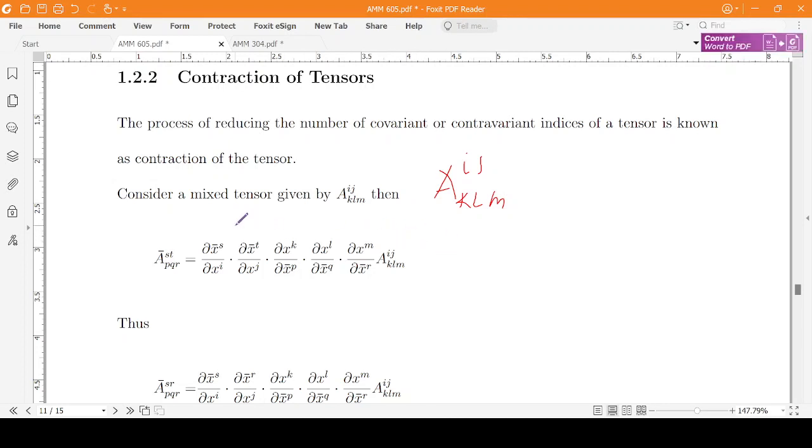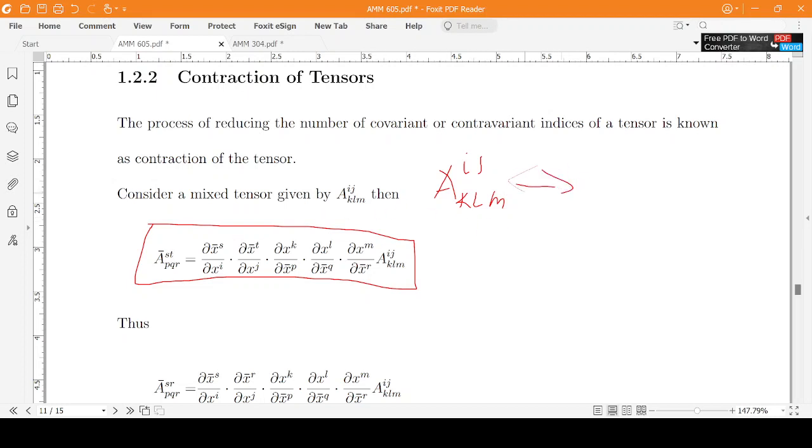It will transform according to this equation. Ij will appear in the denominator, KLM will appear in the numerator, and of course A bar, ST, PQR.